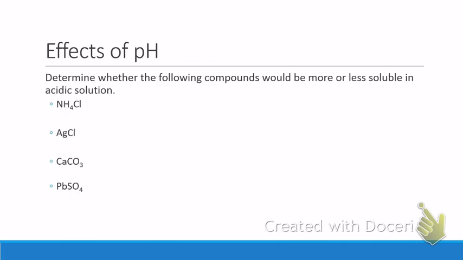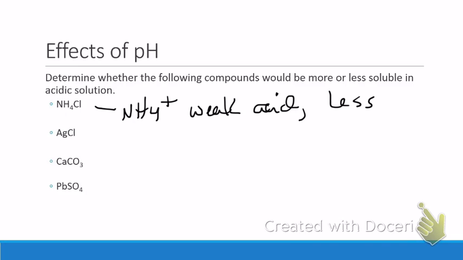So let's take a look at some compounds and determine whether they would be made more or less soluble in acidic solution. We start with ammonium chloride. Now we know that NH4 plus is a weak acid, and so adding that to a more acidic solution is going to actually make it less soluble.